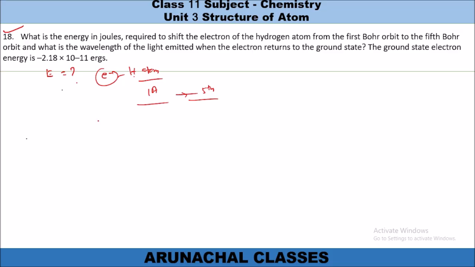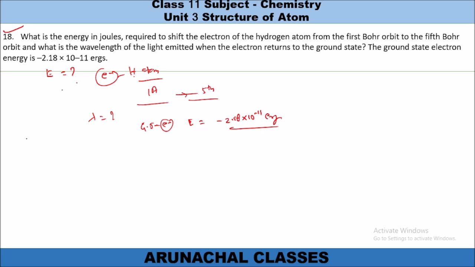What is the wavelength of light emitted when the electron returns to the ground state? The ground state electron energy is given as minus 2.18 into 10 power minus 11 ergs.